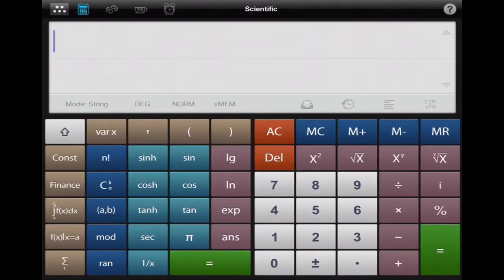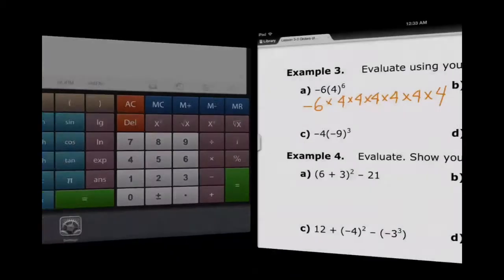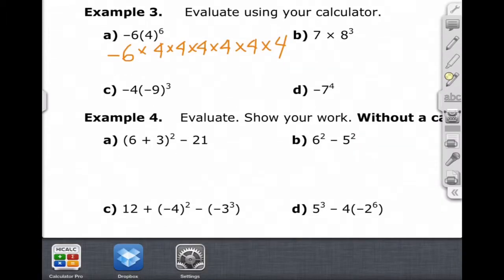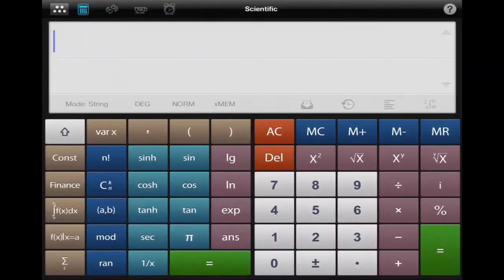And I have to remember what our value was again. -6 multiplied by 4 to the 6th power. Okay. So because you can multiply in any order, I'll just say 4 to the 6th power is, and then I'll just multiply that by -6.